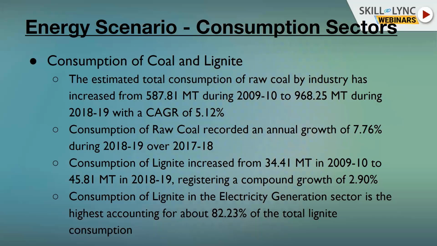As you see on the screen, the estimated total consumption of coal by industry was 587.81 metric tons in the year 2009 to 2010, 11 years ago. But looking at the same thing in 2018 to 2019, it has increased tremendously to 968.25 metric tons.